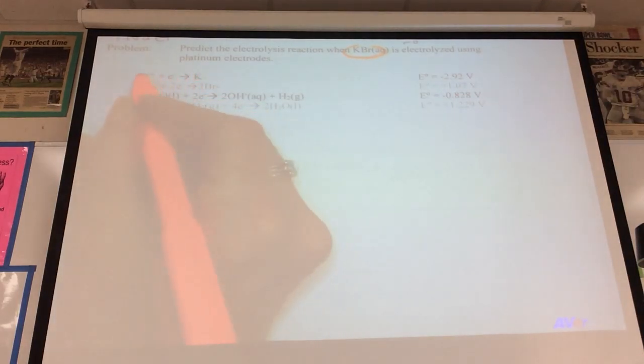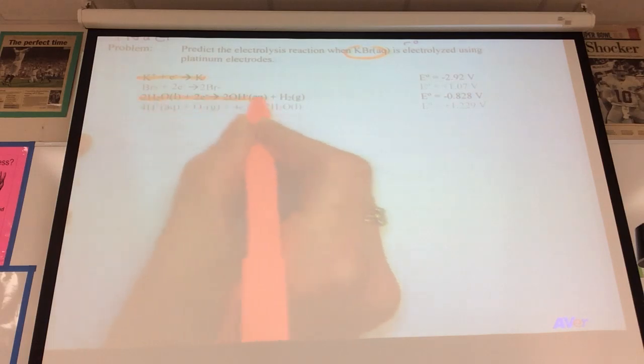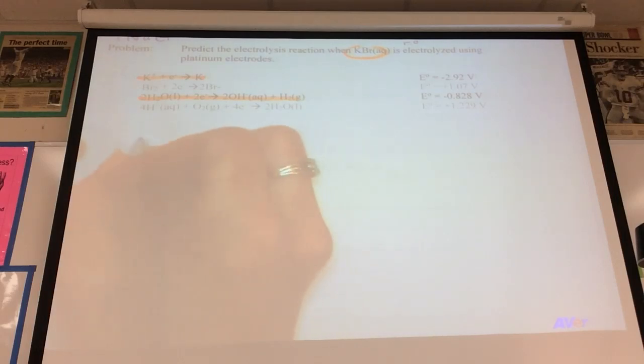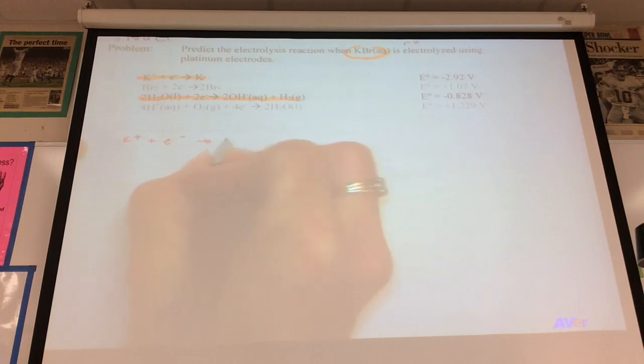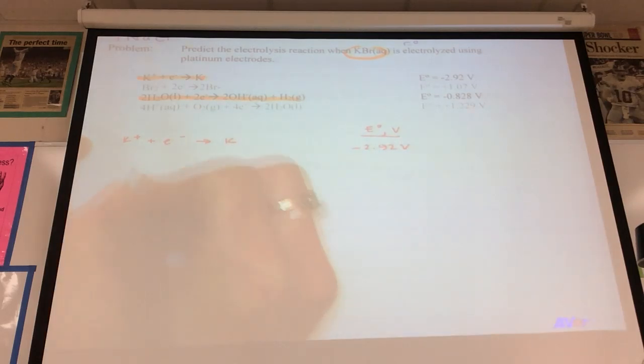So this one and this one? Okay, so those are both reduction or oxidation? Reduction. So we've got K plus an electron yields potassium, and our E is going to be negative 2.92 volts.